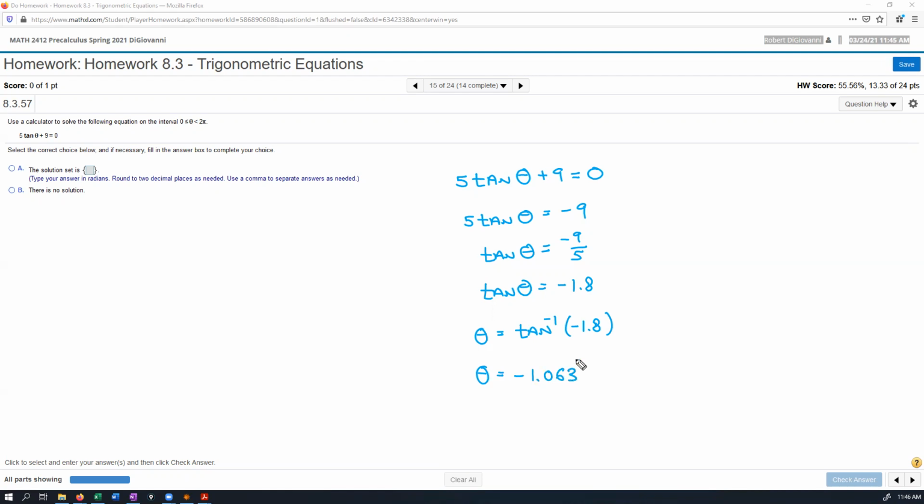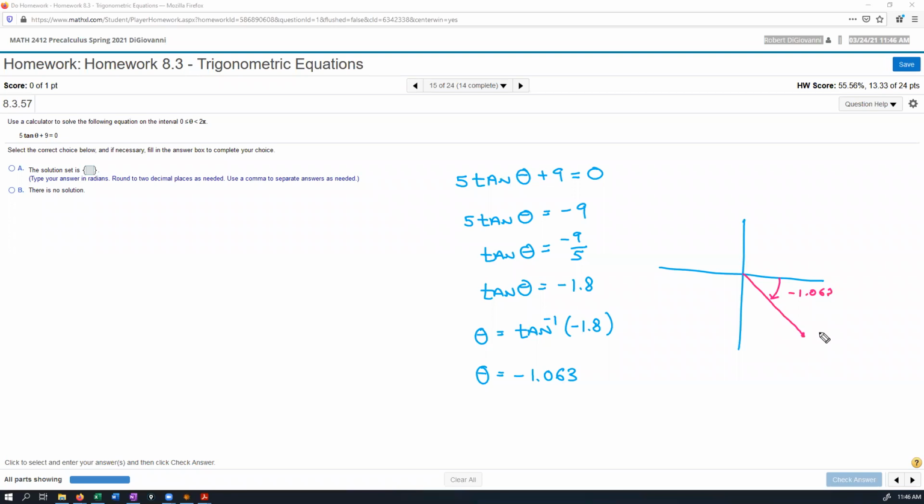1.063. Remember, inverse tangent is only defined in the first and fourth quadrants. It's giving me an answer of negative 1 point something, and negative means I'm rotating clockwise, so my angle is somewhere in here. This is negative 1.063.